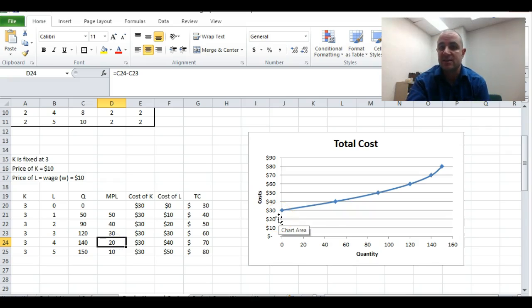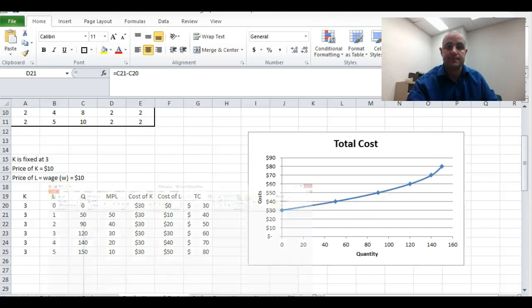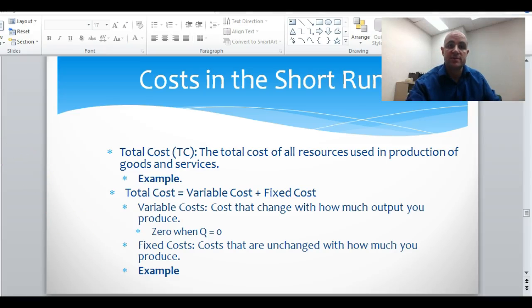So basically you see the costs are going up at a faster pace the more you produce. And the reason for that is the decreasing marginal product of labor. You're paying the labor the same amount, but you're getting less and less additional output out of each additional unit, so the average cost is going to be getting larger and larger. And so it's going to rise at a faster pace. So those are the total costs.